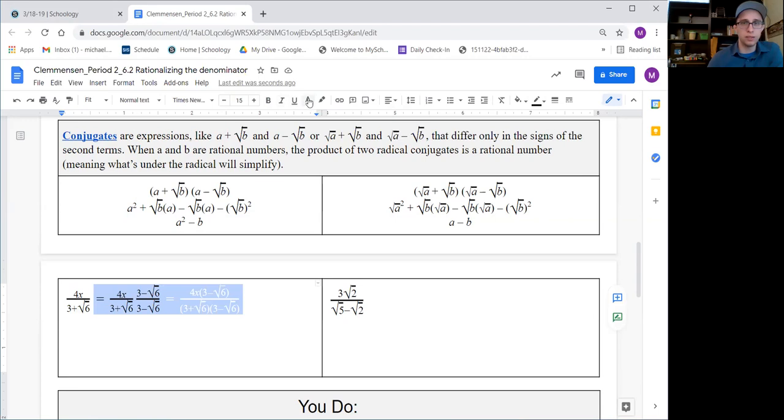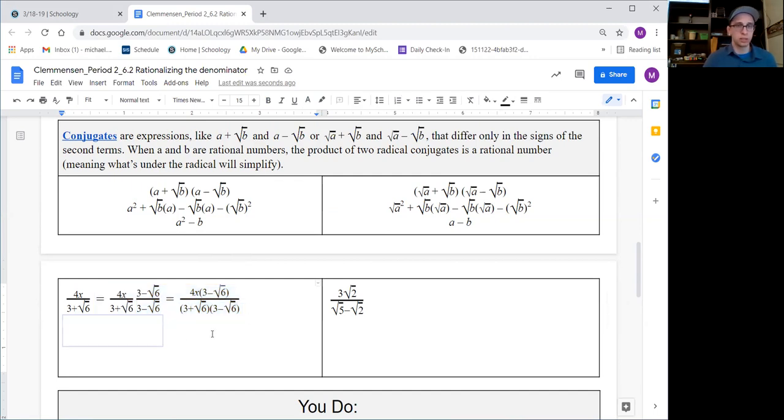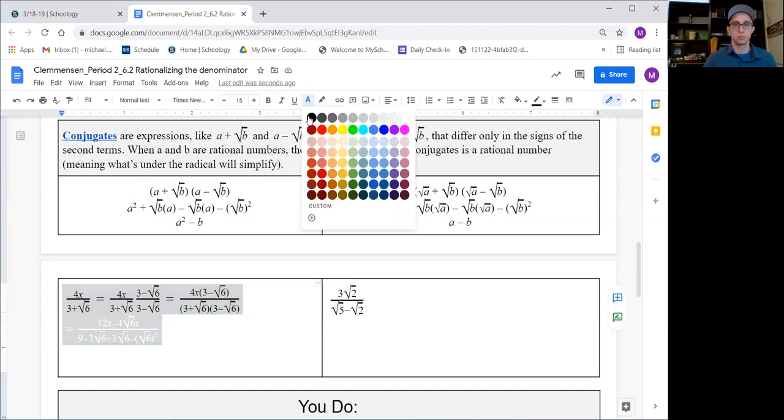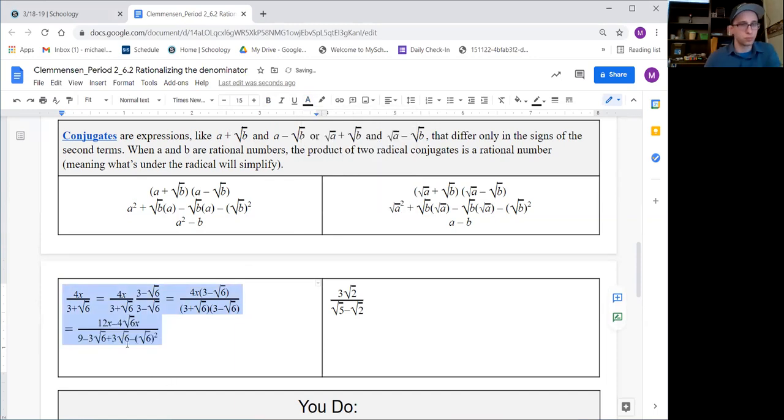I rewrote it right here to make it look nicer so that it was all in one line on each. And then I FOILed it out. 4x times 3 gives me 12x. 4x times this negative square root 6 gives me negative 4 root 6x. Distribute, distribute, distribute, distribute, and I end up with this right here.